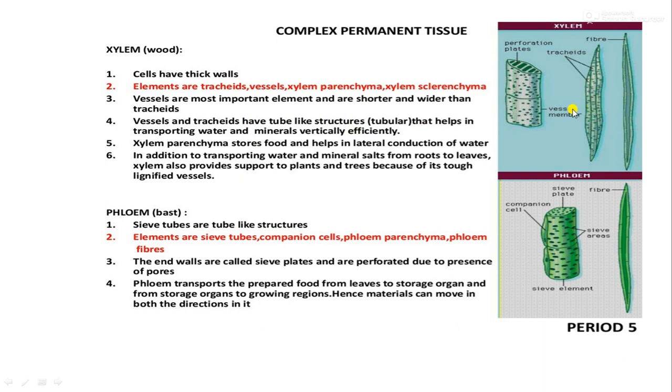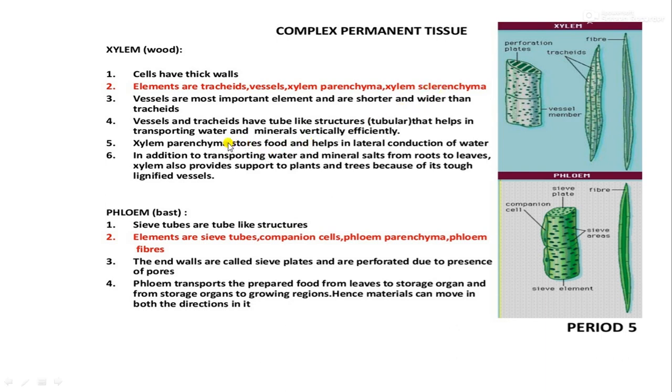Water and minerals are absorbed from the soil by the roots, and they will move into the root xylem, and this xylem is continuous with the xylem of the stem, and it is continuous with the xylem of the leaf. So xylem forms continuous water tubes or water pipes. Okay. Then xylem parenchyma stores food.